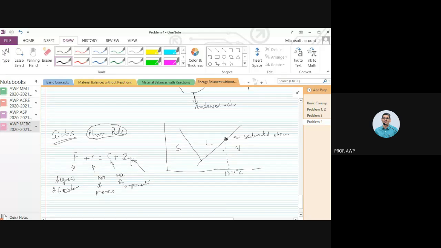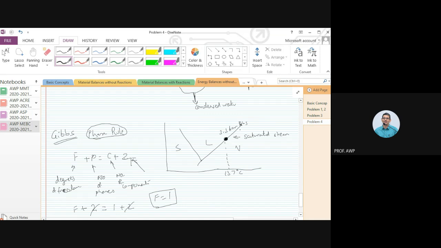So if I'm at this temperature, 137 degrees centigrade and 3.3 bar absolute pressure, how many phases are there? I have steam as well as condensed water, right? How many components are there? Only one, water. So what is the number of degrees of freedom? Just one. That means if I fix temperature, pressure will automatically be fixed.